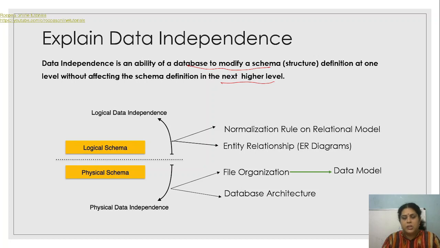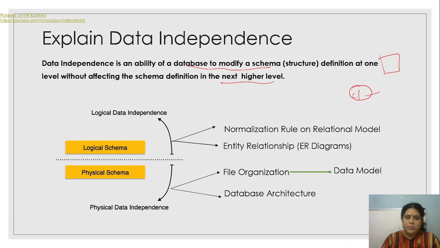That means if I change something in the conceptual level, the logical level, making some alteration in the table, then the external level, which is the user's view, should not be affected. Any changes made here should not affect that level. That is called data independence.